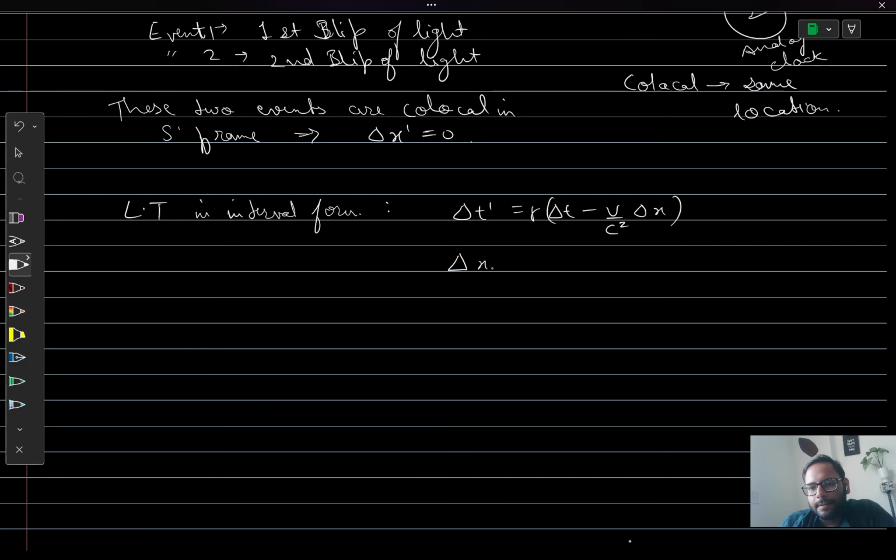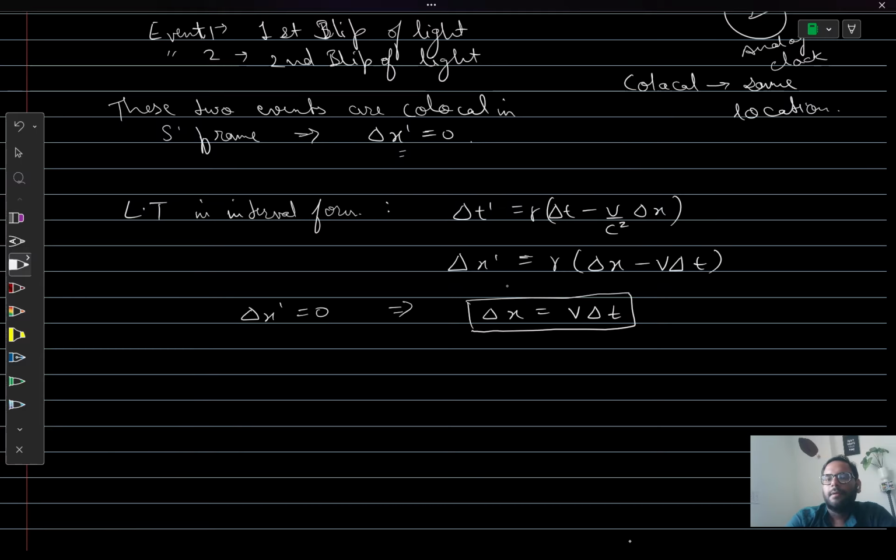Let's just take these coordinates only, and not the other coordinates, because the motion is not along them. So you see, this is 0, which implies that delta x is equal to v delta t.